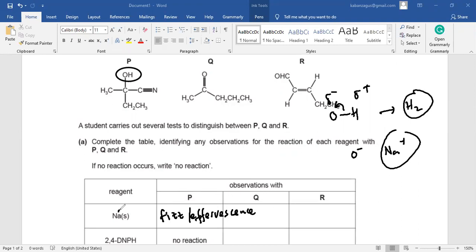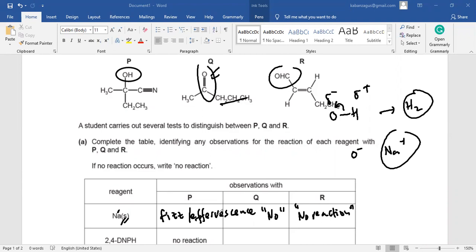So that's the first reaction. What about Na with Q? Because we have a ketone functional group and there's no OH functional group, the answer is no reaction. The same goes for R, because we already identified that R has an aldehyde functional group, so aldehyde will not react with Na.